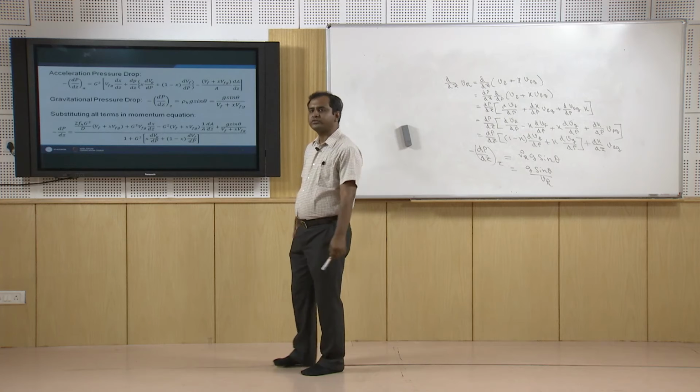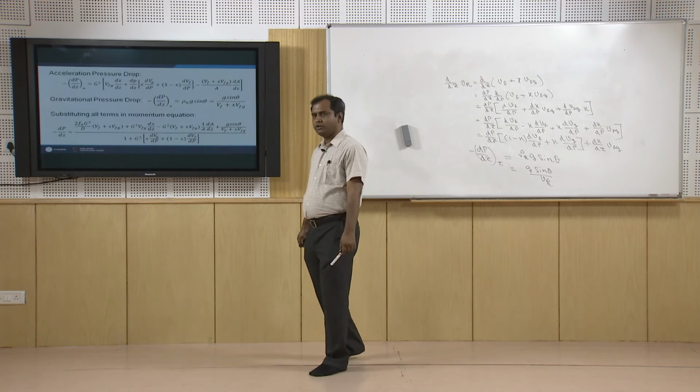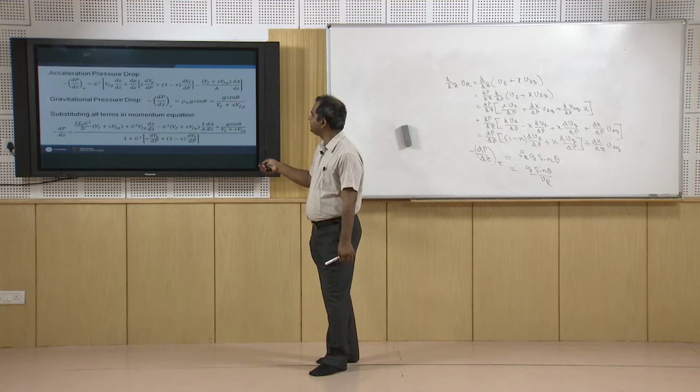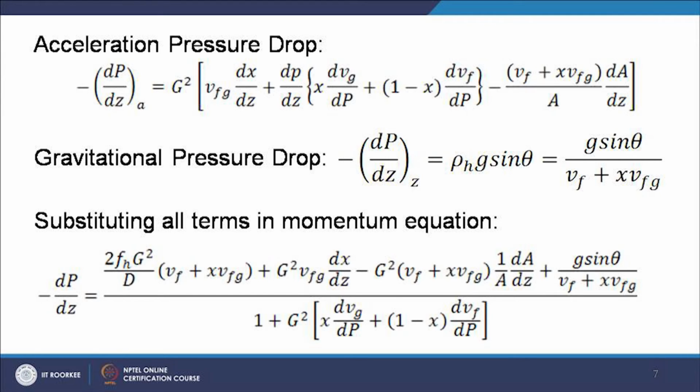Now, for a pipeline which has a constant cross section, you will find dA/dz equals 0. So, this term also we can drop. So, for a pipeline flow having common fluids like air and water, minus dP/dz will be the frictional head plus your acceleration head and finally the buoyancy head or gravitational pressure head over here.